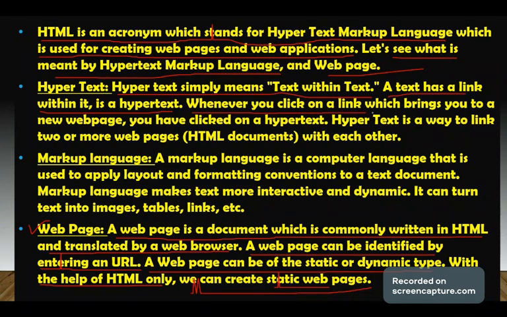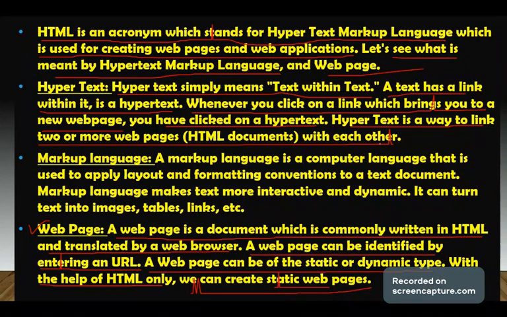Whenever you click the link, which brings you to a new web page, you have clicked on hypertext. Hypertext is a way to link two or more web pages. Sometimes you might have observed when you are studying any web page that there has been included a link. So that link is nothing but called hypertext.